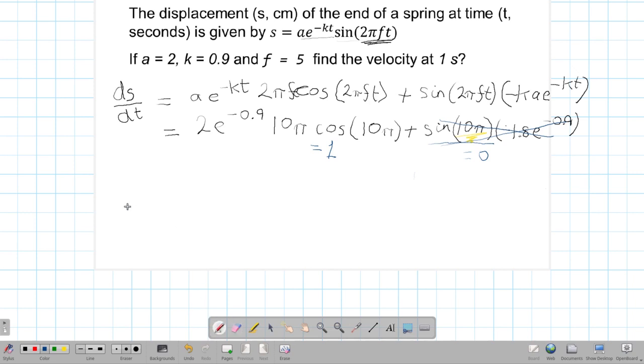So we've now got, if I simplify it, let's go down here. We've now got 2 times the 10 will give us 10 times the pi times the e to the minus 0.9. Now you've got to admit that is a lot easier to put in your calculator than all this up here.